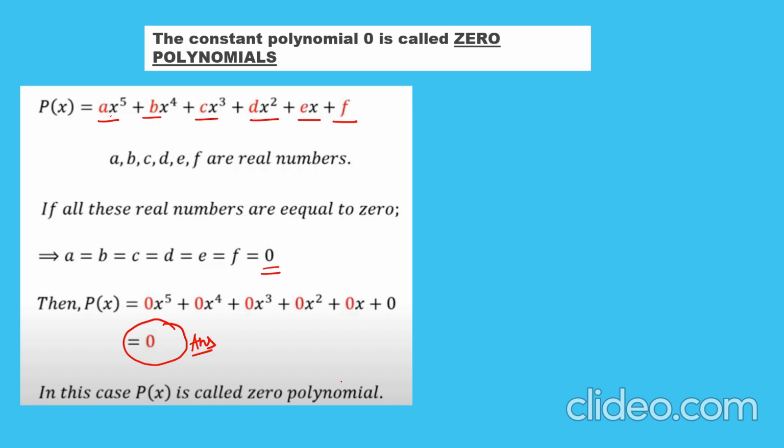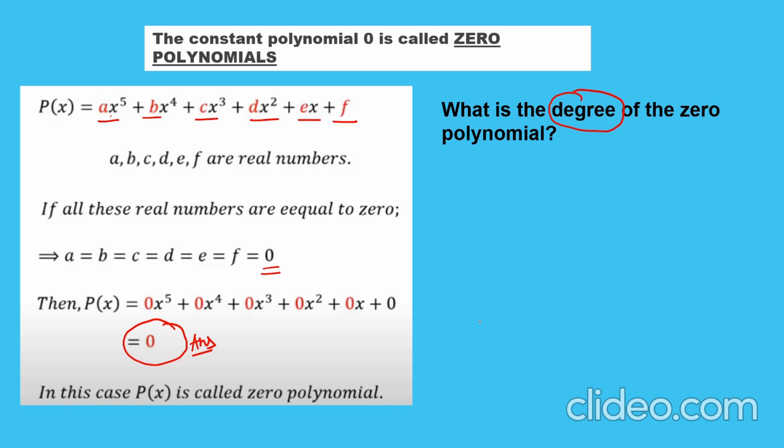Now the very important question arises, what is the degree of this zero polynomial? Let's calculate with the help of this example only. See, if you take 0x raised to the power 5, what is the final answer? 0. If you take 0x raised to the power 4, then also you will get 0 as a result.